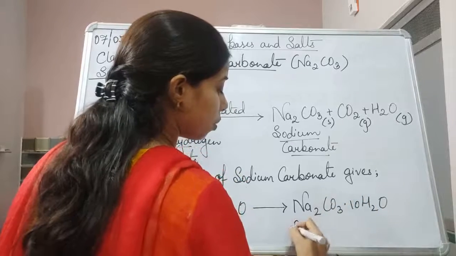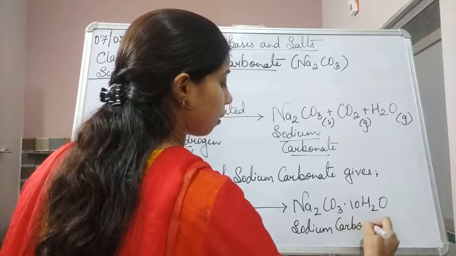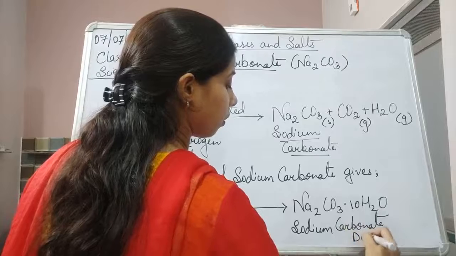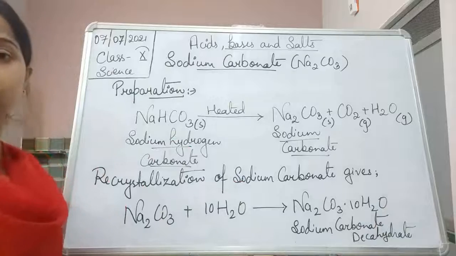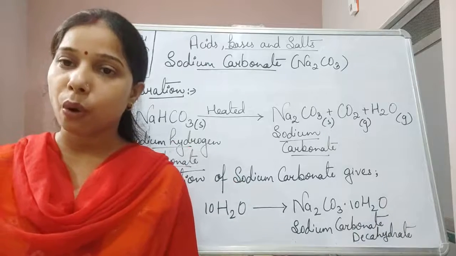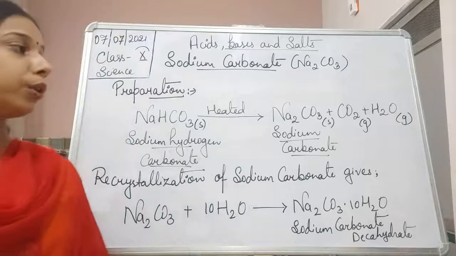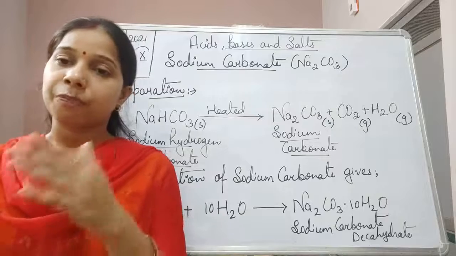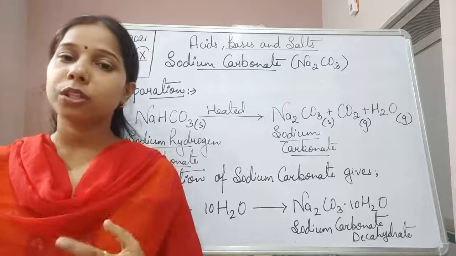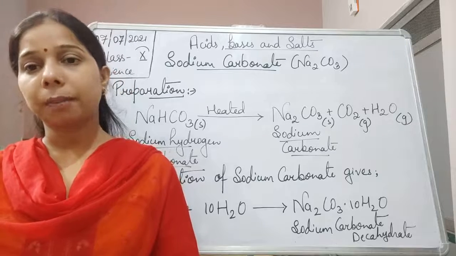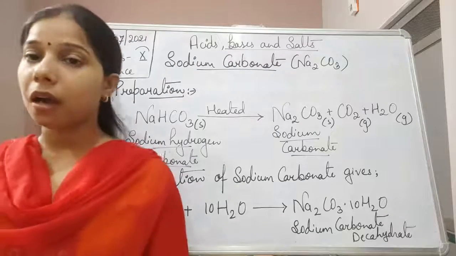So we can say this is sodium carbonate decahydrate, which is also called washing soda. So this is how the preparation of sodium carbonate usually takes place. First of all, we heat the sodium hydrogen carbonate, due to which sodium carbonate is formed, and this sodium carbonate is recrystallized with water to form sodium carbonate decahydrate.